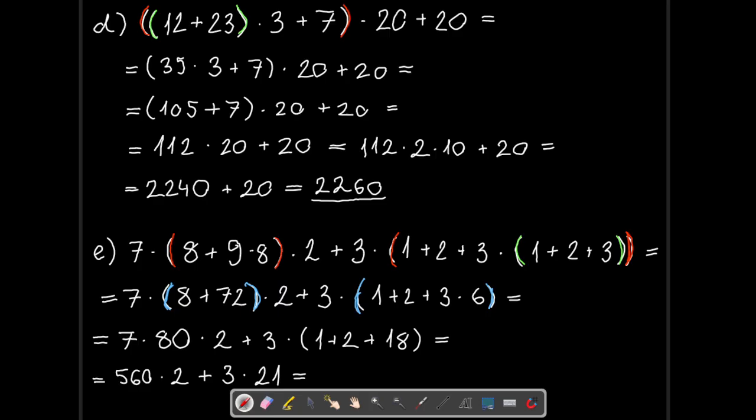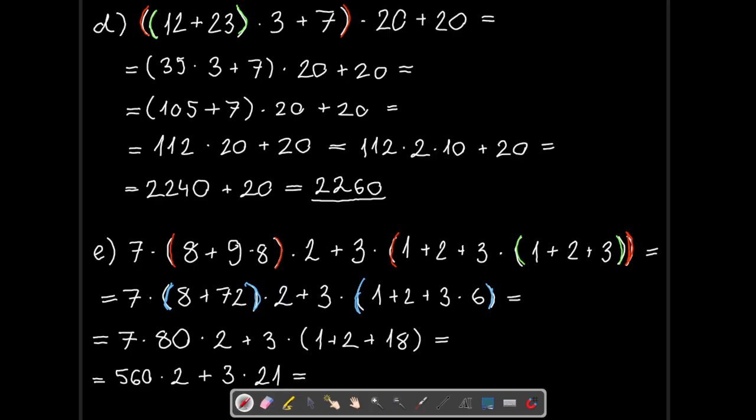Now you might ask me, why did I do the multiplication and the expression inside the bracket at the same time? Like, don't we need to do the brackets first? Not really in this case, because we have 2 parts.